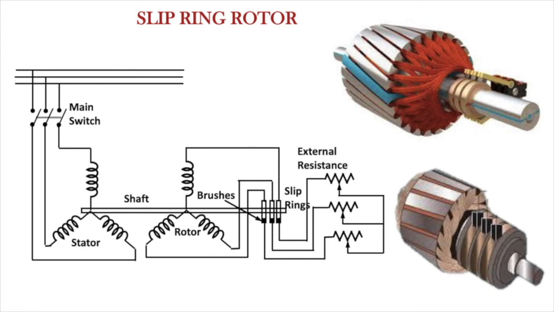The slip ring induction motor is wound, and therefore the coils can be seen in the rotor, and the ends of the coils are brought to the slip rings and the external short circuit is created through the brushes.